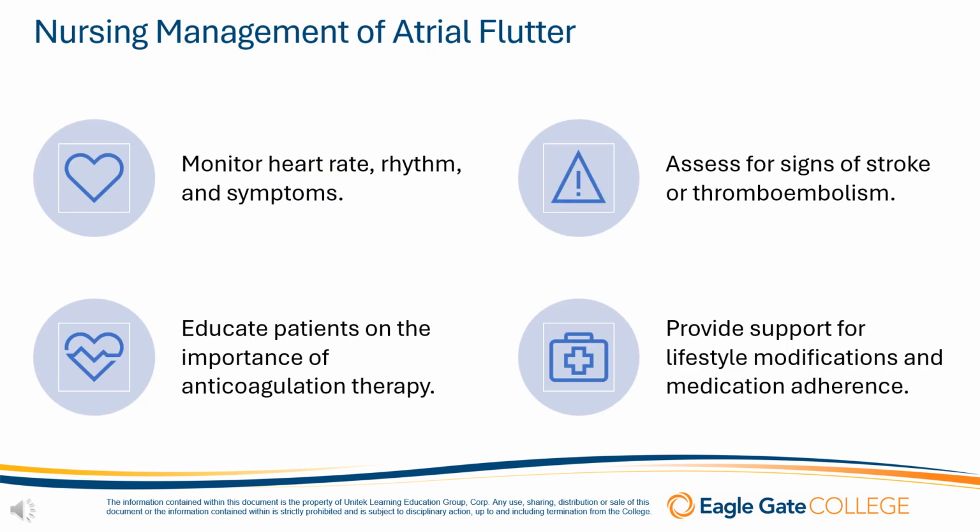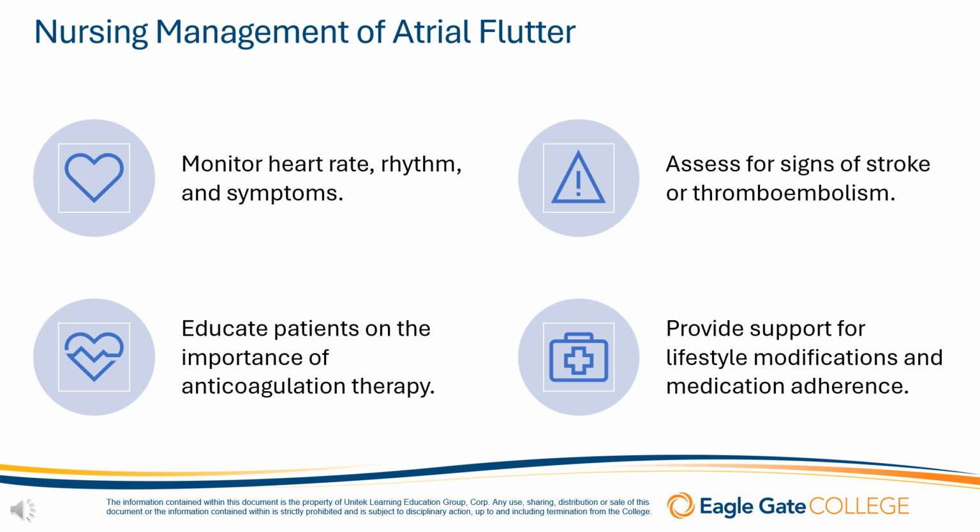Now let's examine nursing management of atrial flutter. Monitoring the heart rate and rhythm in patients with atrial flutter is critical for early detection of any changes or complications. Regular ECG monitoring can help to track the effectiveness of treatment and identify any need for adjustments. Continuously monitor using telemetry, regular ECG checks, document any irregularities, and report significant changes to the healthcare provider.